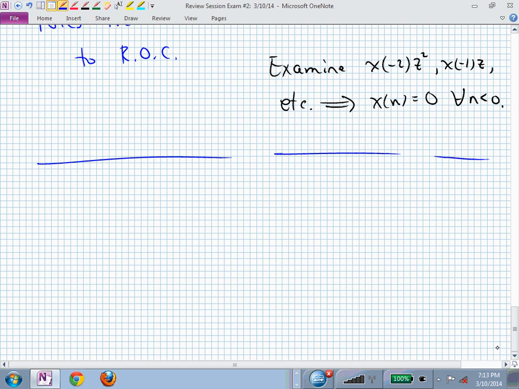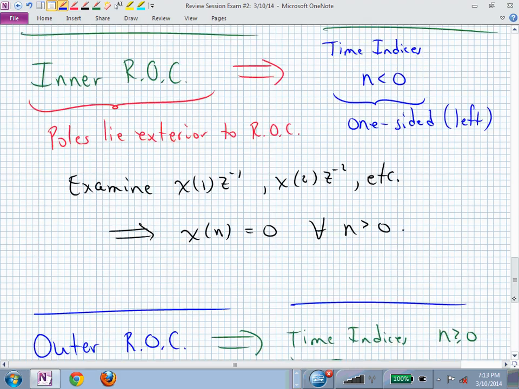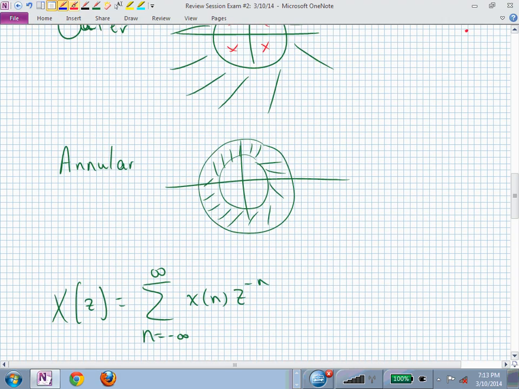For an annular, we can have poles on either side of the annular region, of the region of convergence. And that's when it gets a little bit more interesting. For our annular region of convergence, our poles can be in here and they can be out here. But the region of convergence is relative to these poles, meaning these poles are interior to the region of convergence.